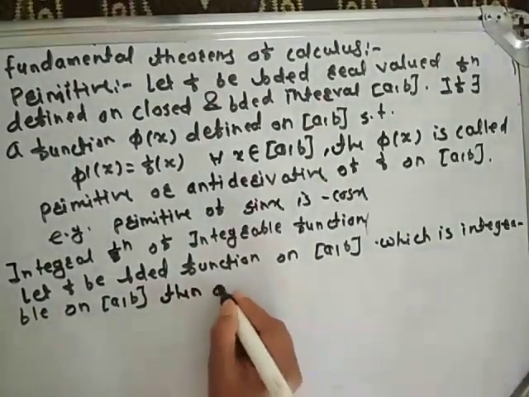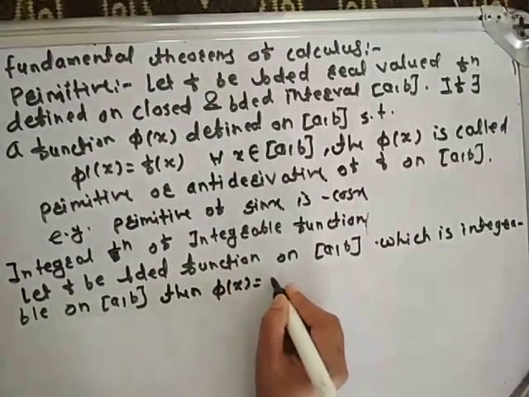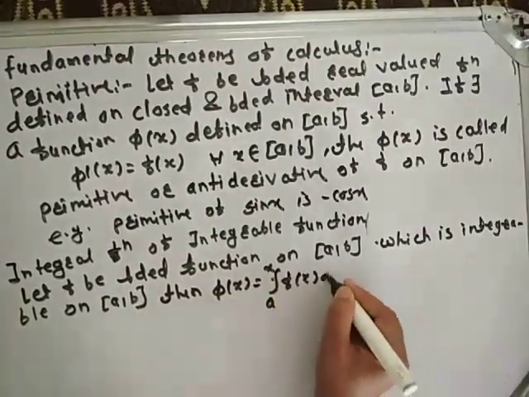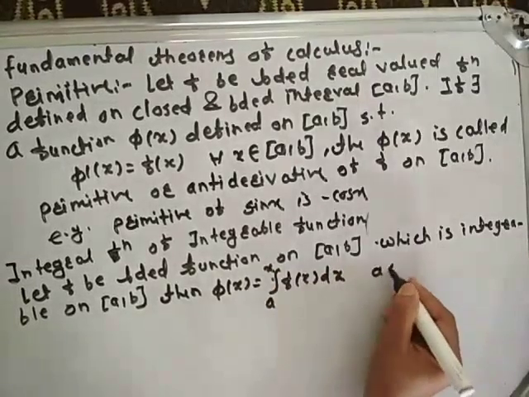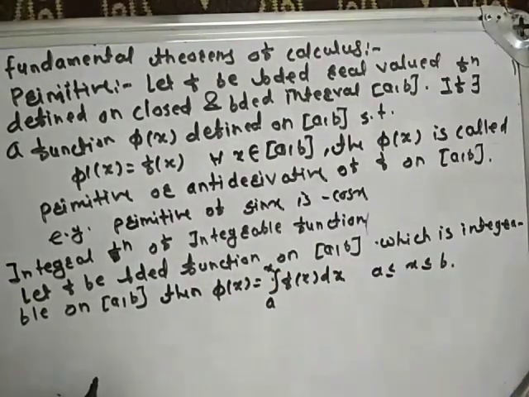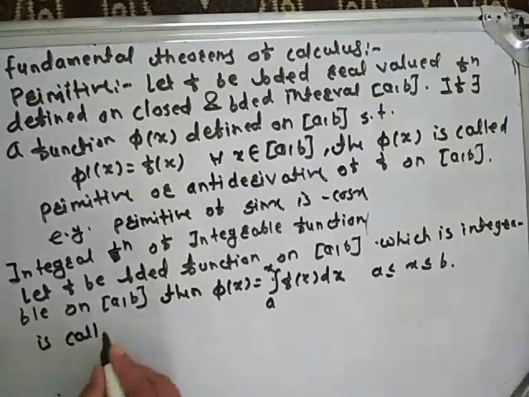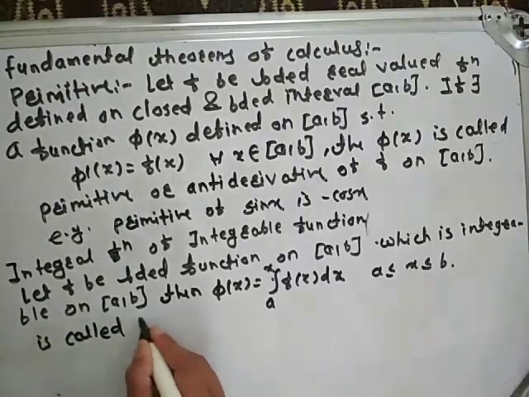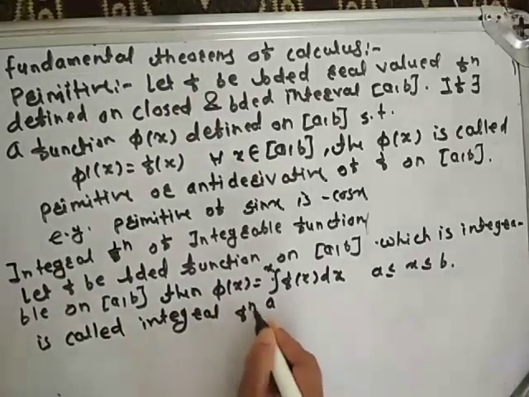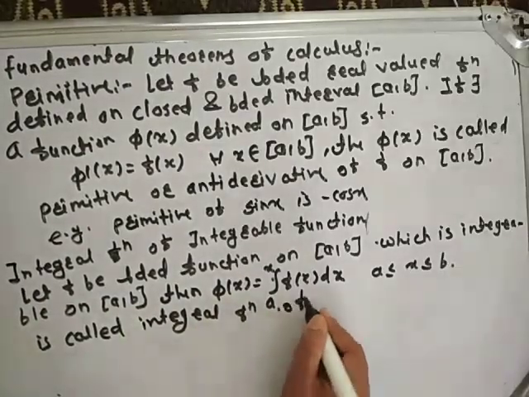Then phi of x is equal to integration from a to x of f of x dx, for a less than or equal to x less than or equal to b, is called the integral function of f.